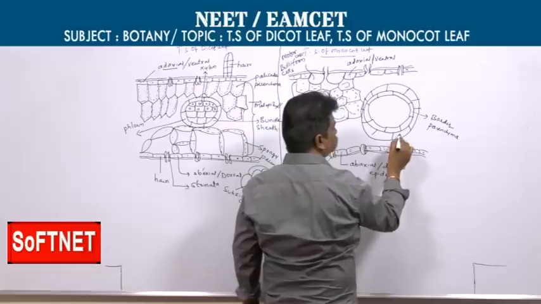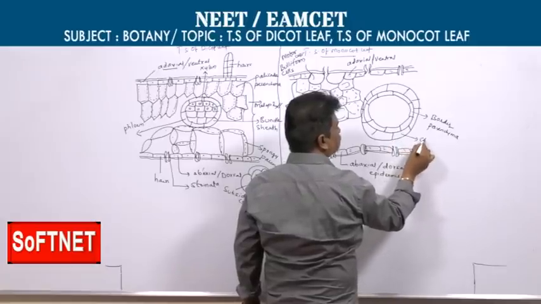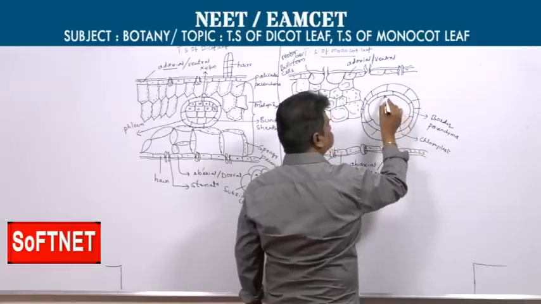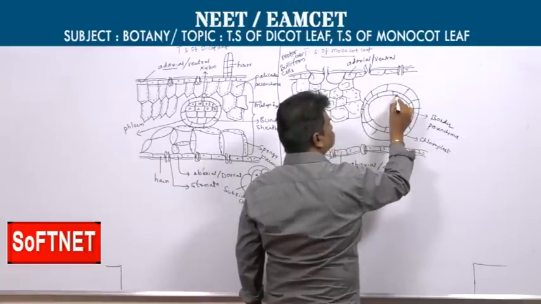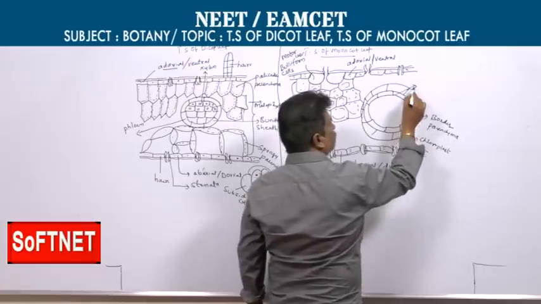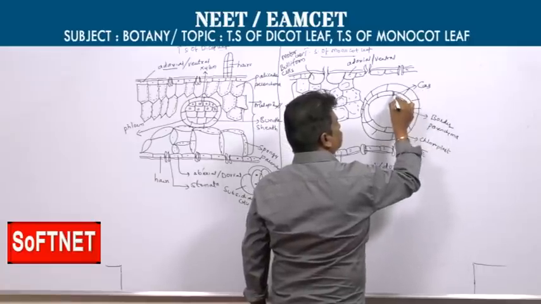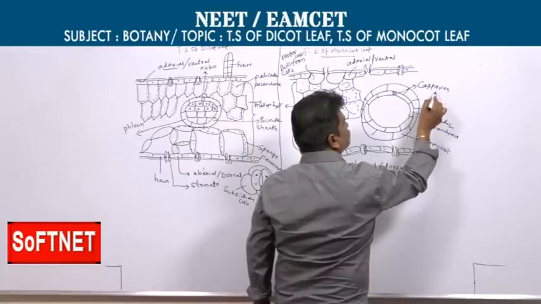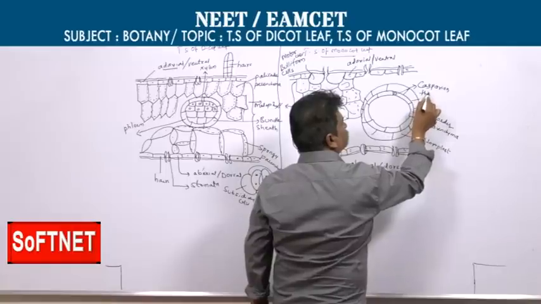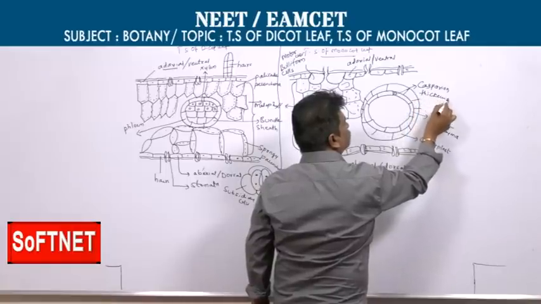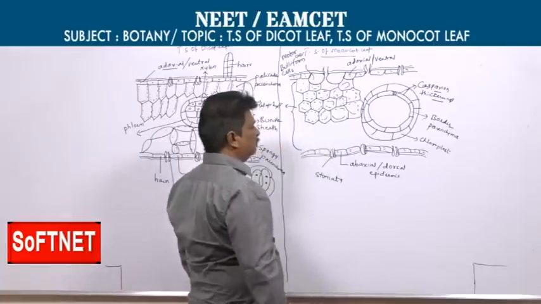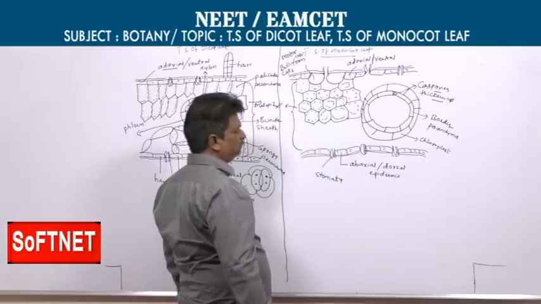Among the two rows, the outer row contains chloroplast, and the inner row shows Casparian thickenings. So this inner layer is analogous to endodermis.